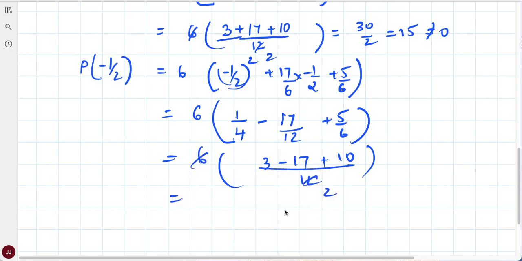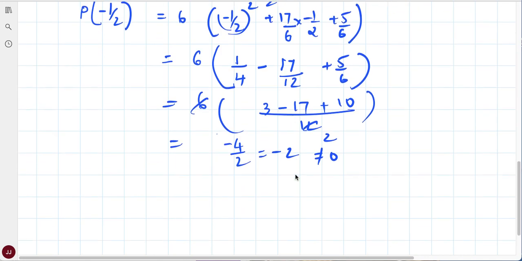Six 2s are 12. Then we have minus 14. This becomes minus 14 plus 10, that is minus 4 by 2, that is minus 2, not equal to 0. Therefore, p of minus half is also not a factor of the given polynomial.